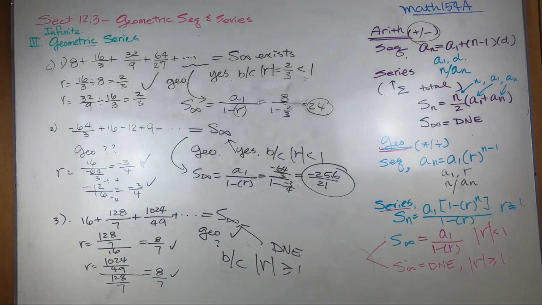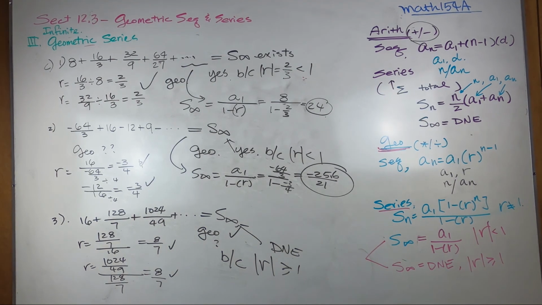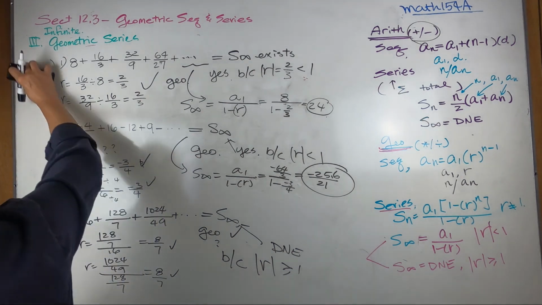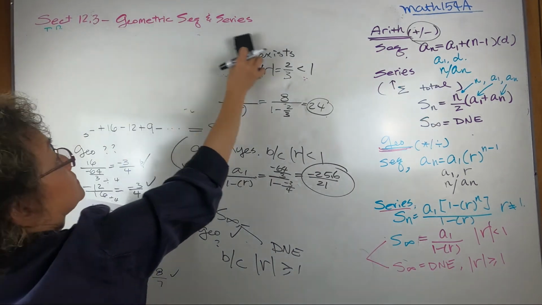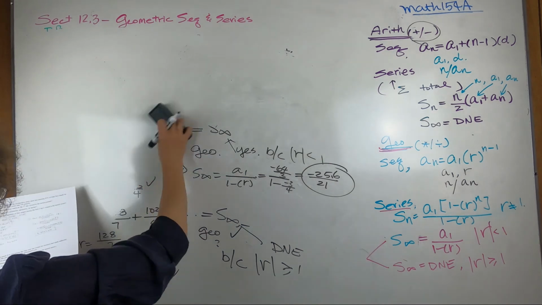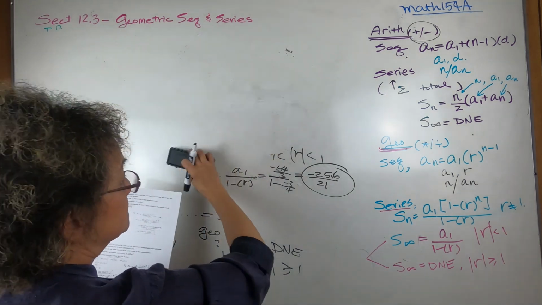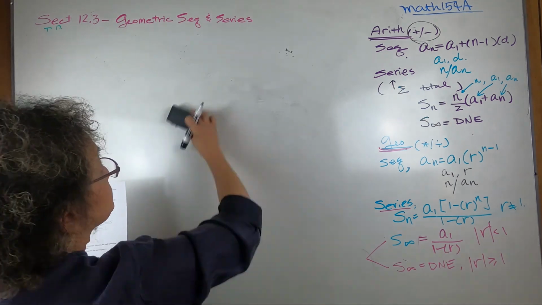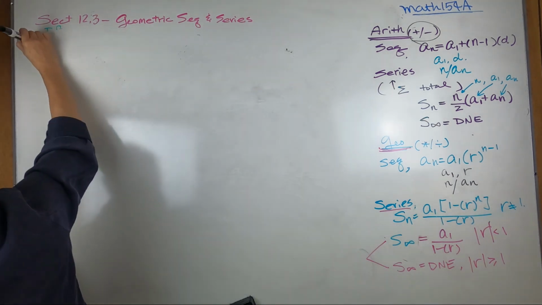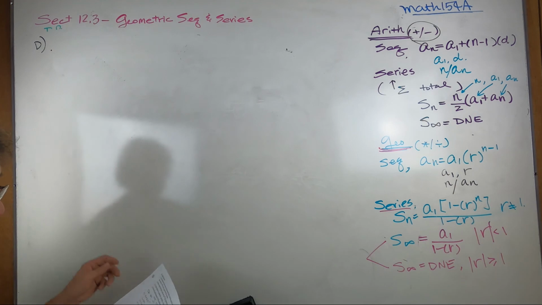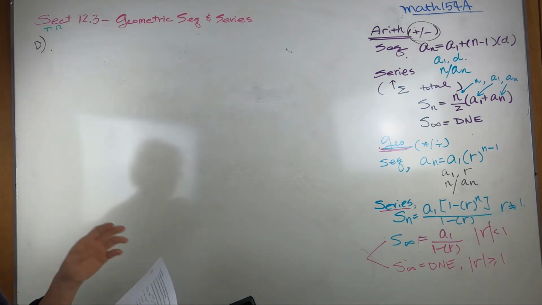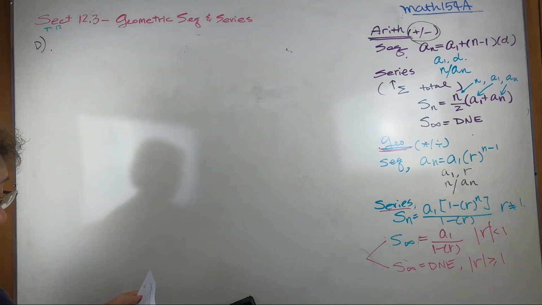Okay. Let's see some applications. Okay, take a look at your page 66. Okay, first one. A fishing boat goes out on consecutive days, each day catching 95% of what they caught the day before.